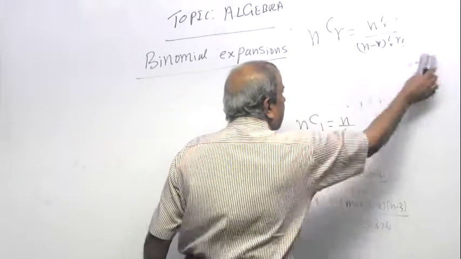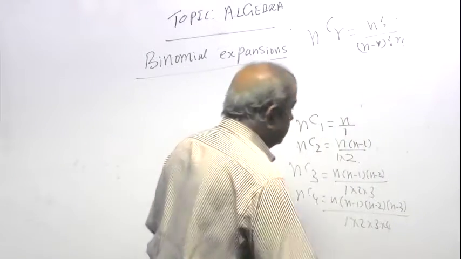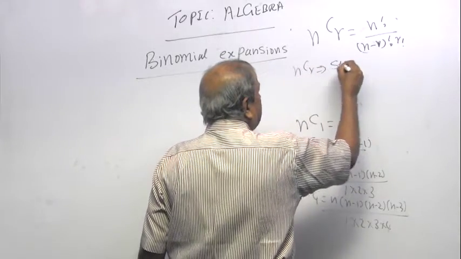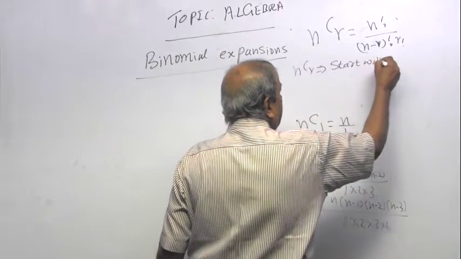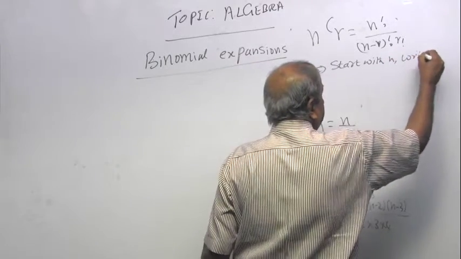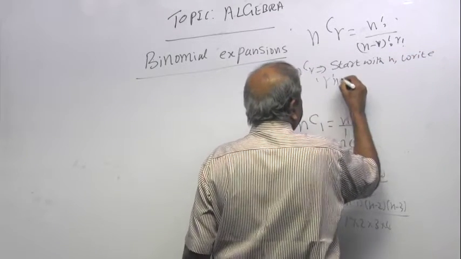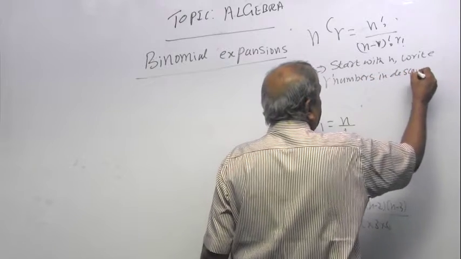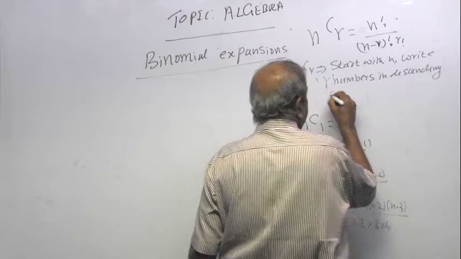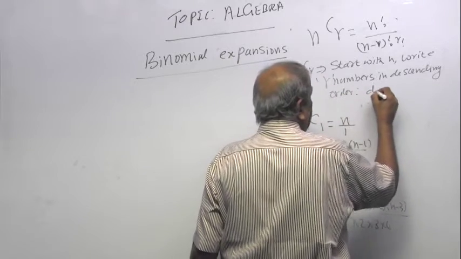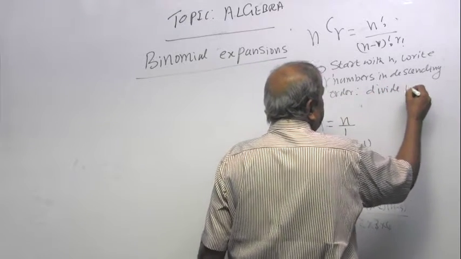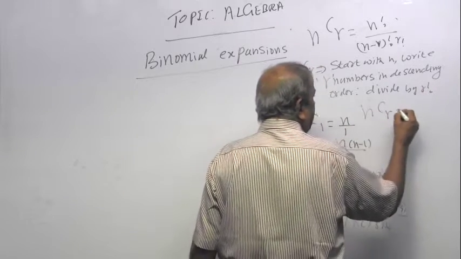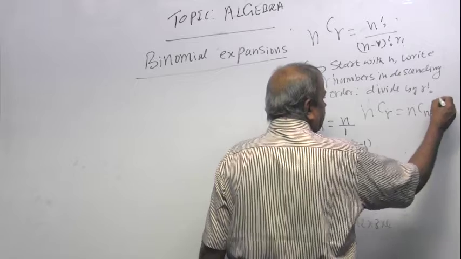So in other words, I can put a small note here. nCr means start with n, write r numbers in descending order, then divide by r factorial. And the other one which I required was nCr equals nC(n minus r).